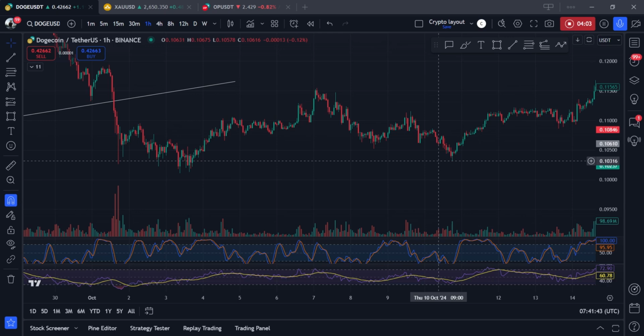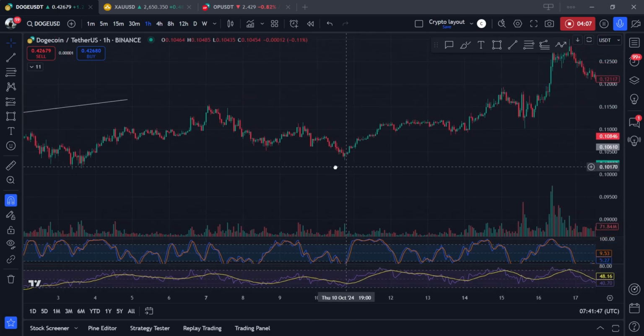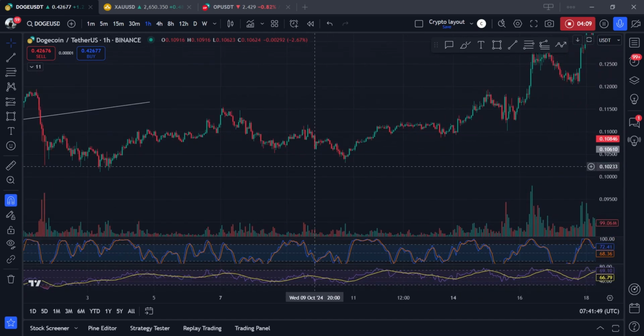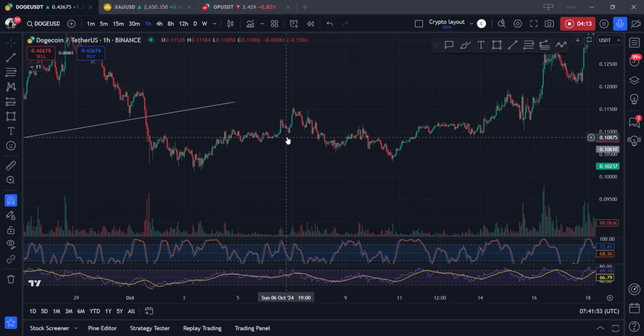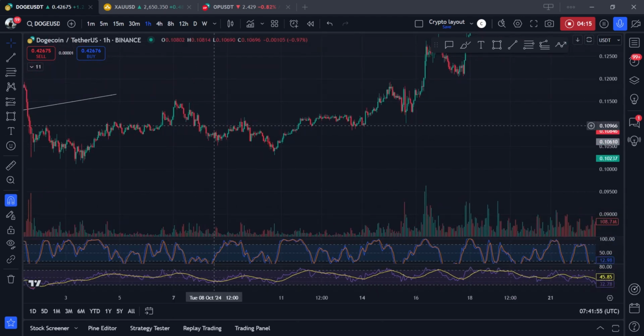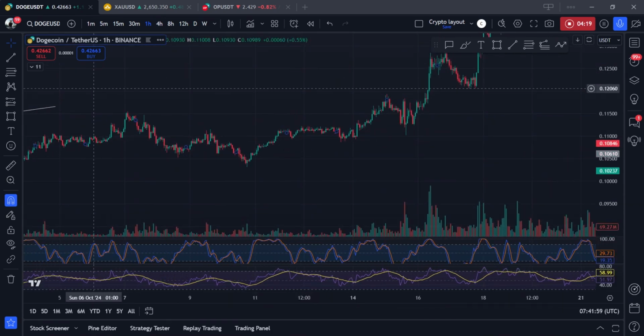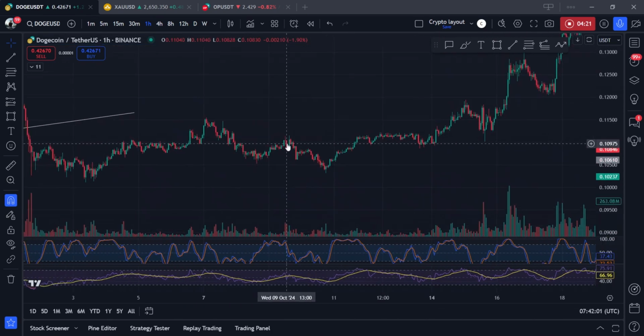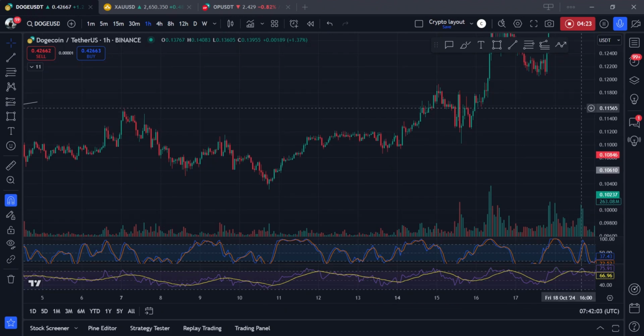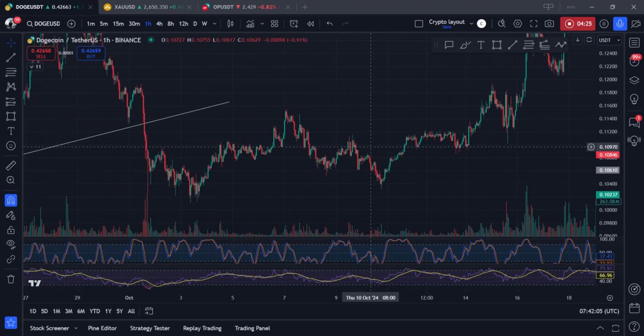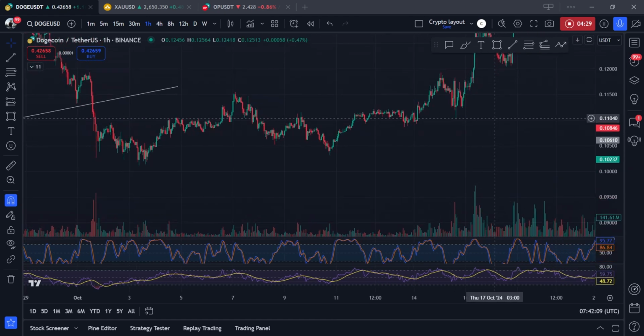And let me find something. One second, yeah, because I want you to understand. Breakout. Okay. Let's just say you want to trade this pattern. I personally wouldn't suggest it.